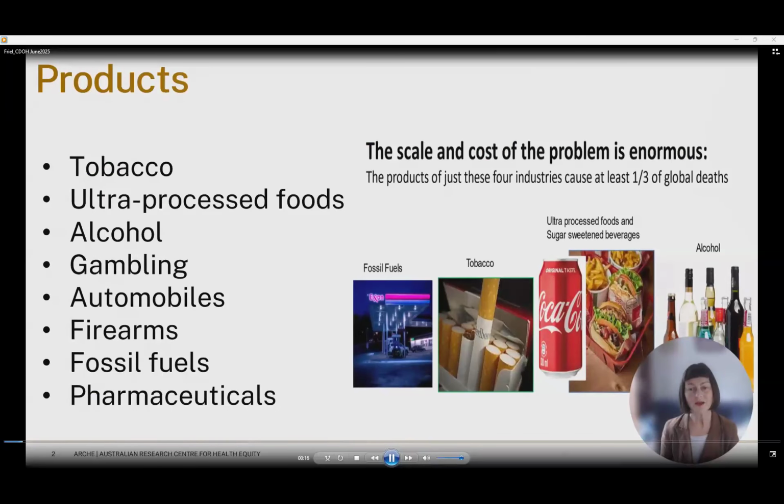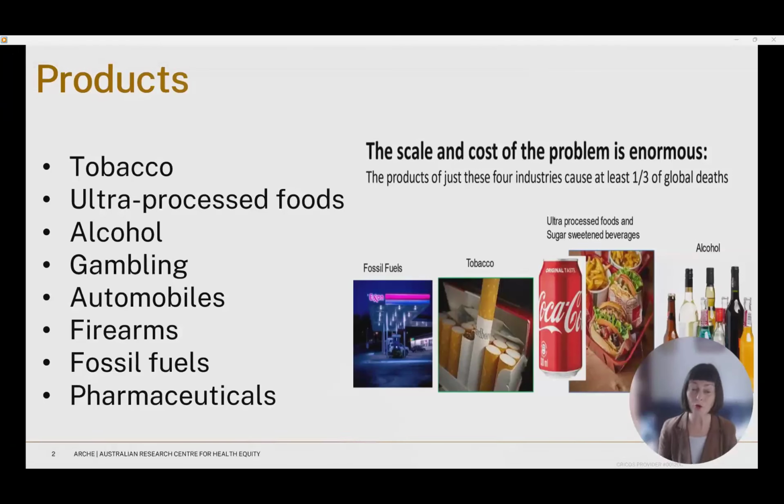So the commercial determinants, we often think about them in relation to products or industries, and you can see here on this slide that actually the products of just 4 industries, fossil fuels, tobacco, ultra-processed foods and beverages, and alcohol, contribute around 1/3 of global deaths. So they really matter when it comes to global health. And on the left of this slide, you see it's much wider than just these products or these industries.